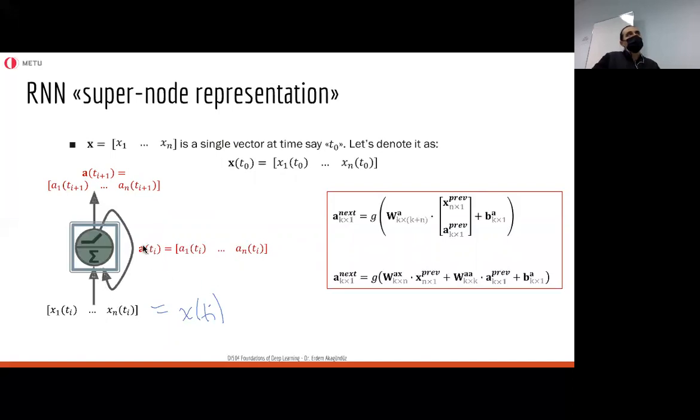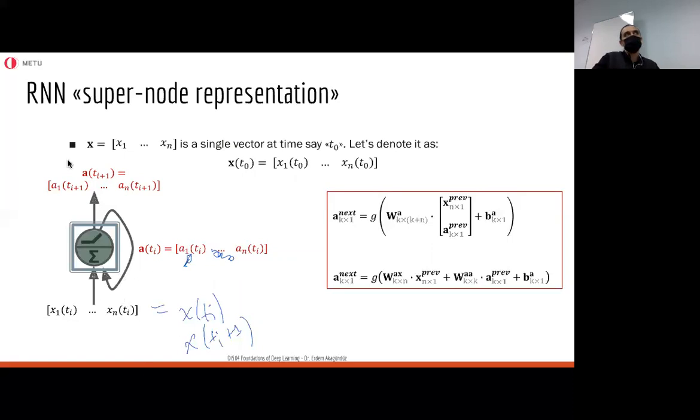And there are some states. If it is the first time I'm feeding something, these are usually zeros. So I concatenate them and I obtain the next state. Then I feed another X, X_ti plus 1. These have changed, so they are not zero anymore. Concatenated, another state is created.